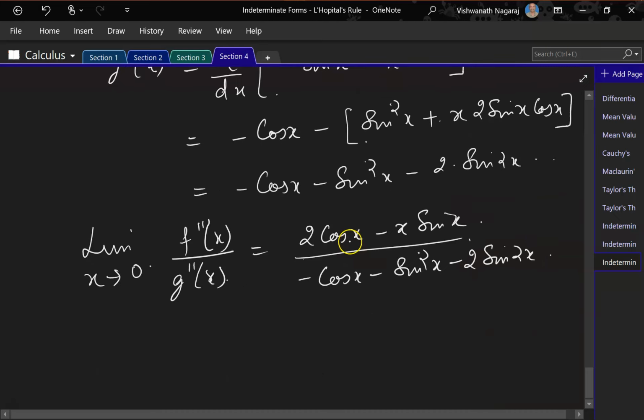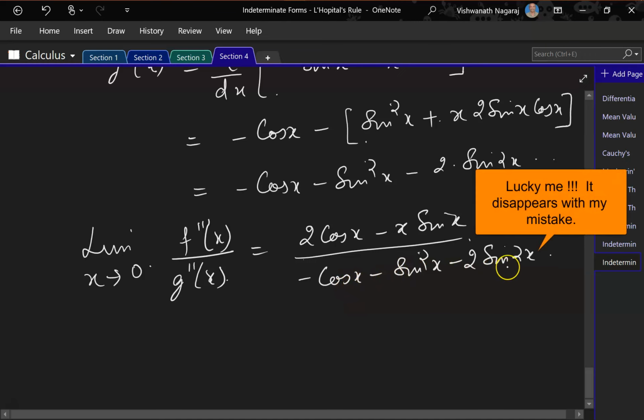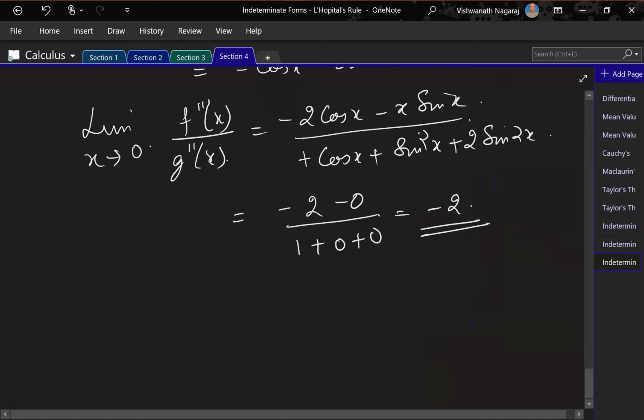Numerator becomes 2 minus 0, and denominator becomes 1 minus 1 minus 0 minus 0. So let's take minus common out. Now let's take the limit. Minus 2 times 1 is 2 minus 0 by 1 plus 0 plus 0, which is minus 2. So that's the limit.